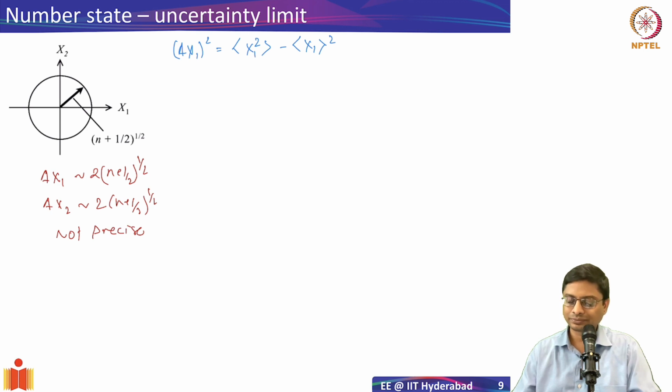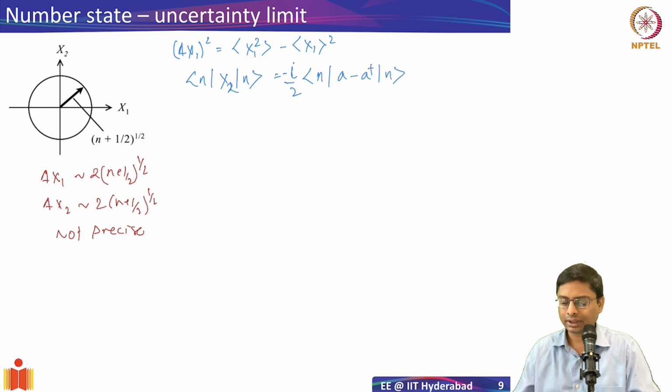Okay. So now, what is my expectation value of x1 here for a number state? So I'll take a bracket with the state n, x1 acting on n, right? So again, I have the same idea. Okay, this time let me try doing it for x2 instead of x1. So this is going to be minus i by 2, n, a minus a dagger, n, correct?